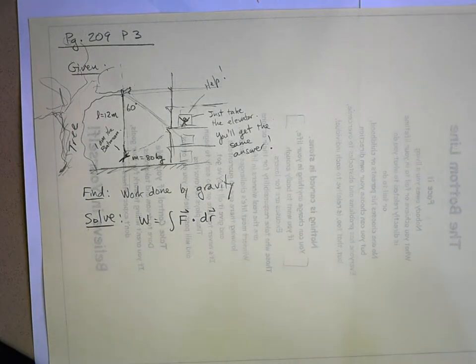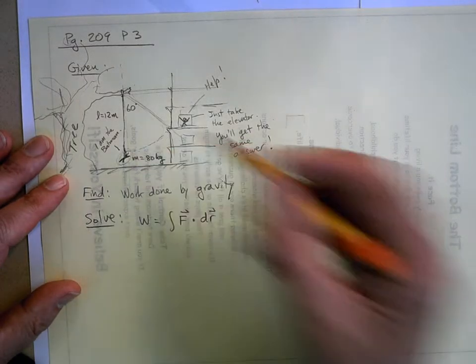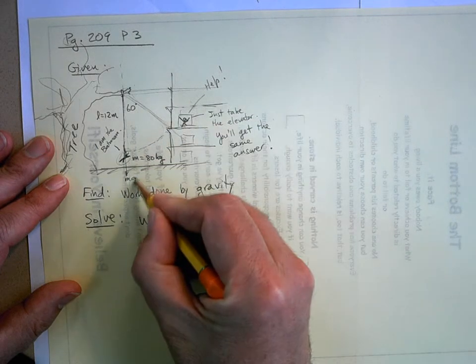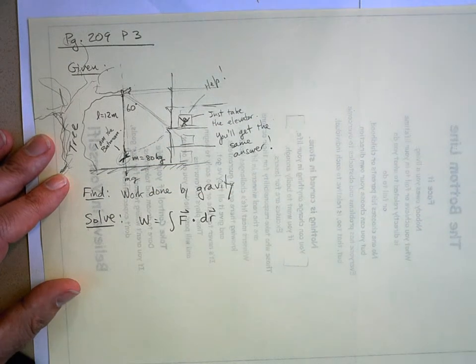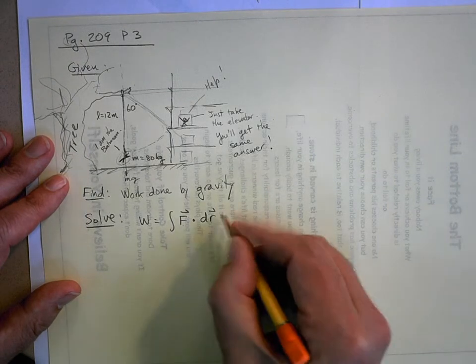Sometimes dr, sometimes ds. But in this case, if I look at Batman, the force of gravity is just mg acting on Batman like that, and that force is a constant force. So this force is constant, and so we don't need to worry about the integral sign.